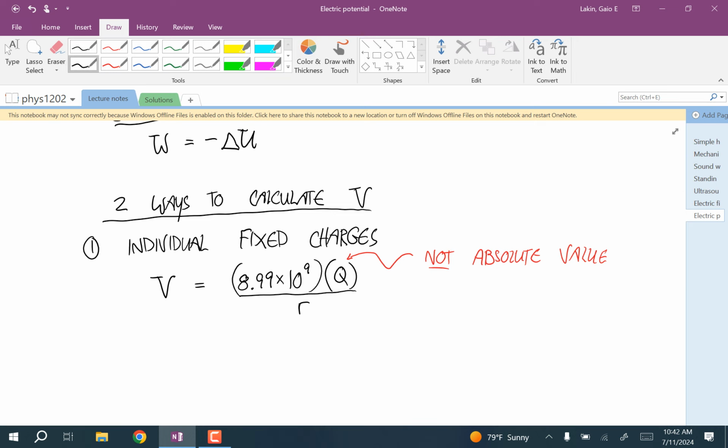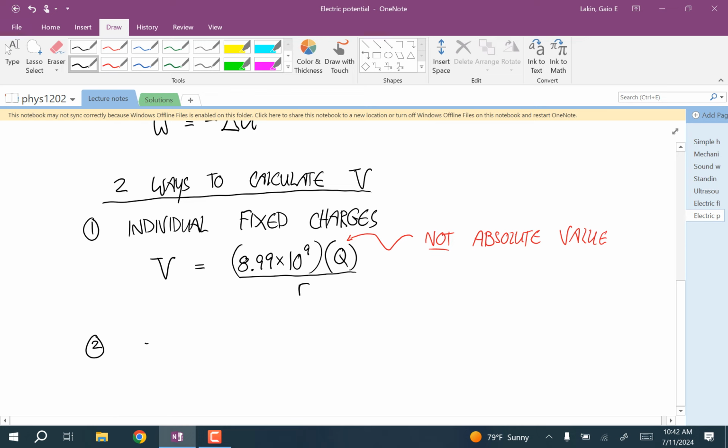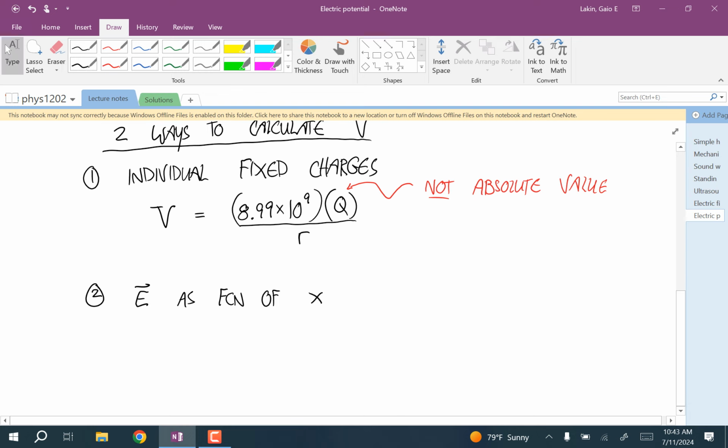If instead of being given individual particles, you're given a function, so if you're given the electric field vector as a function of x, or it could be y or z, but a function of one component of a position, then the electric field value is equal to negative dV dx.